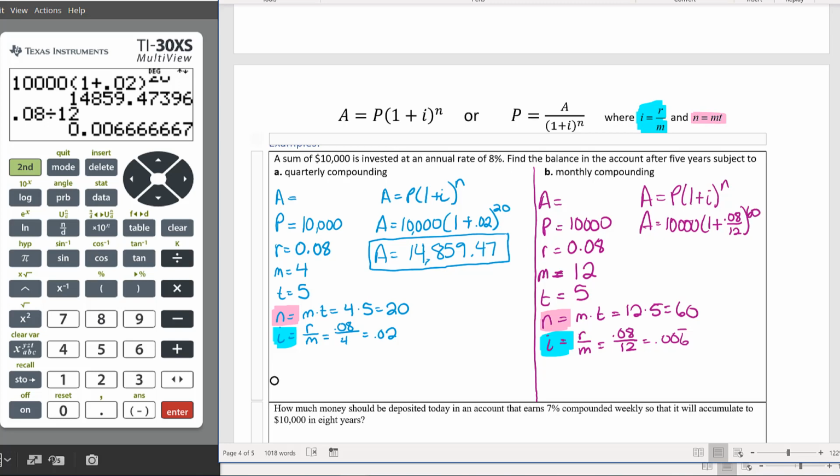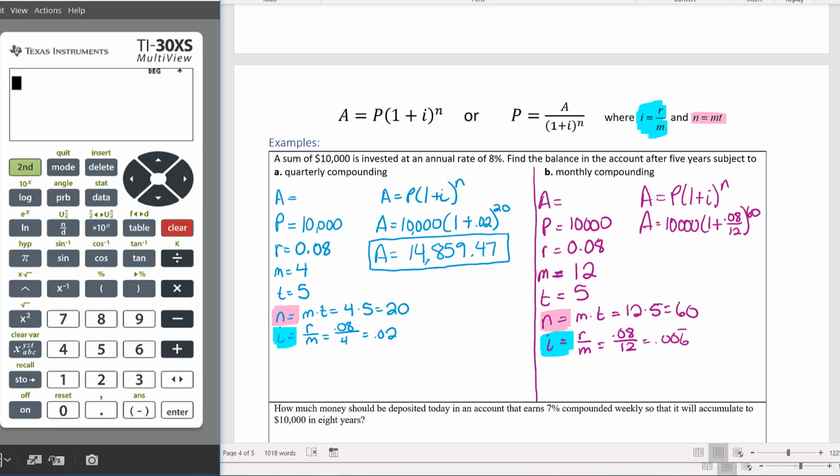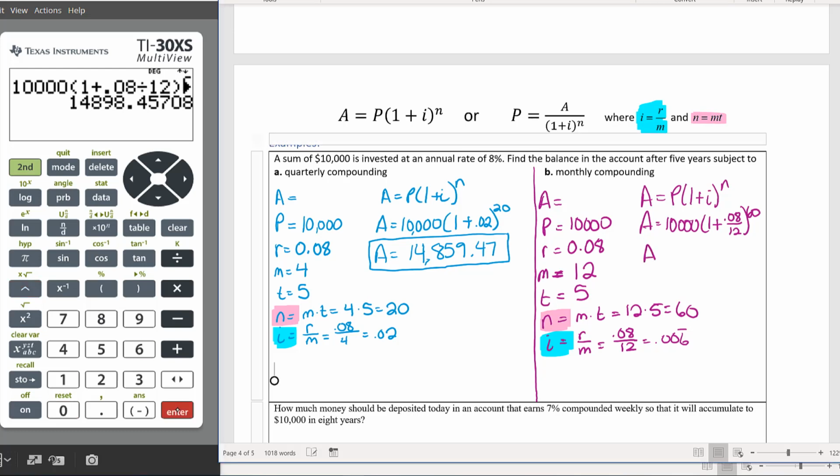And I'll show you how to type that in the calculator. 10,000 times parentheses 1 plus, and we're just going to type 0.08 divided by 12 and close your parentheses. Raised to the 60. And this comes out to be $14,898.46. We'll round that up.